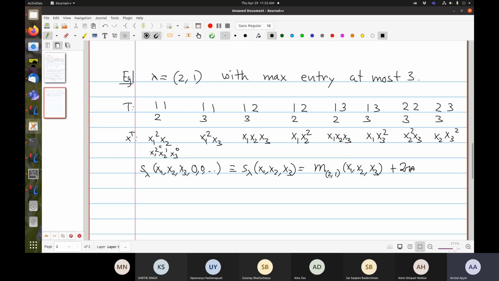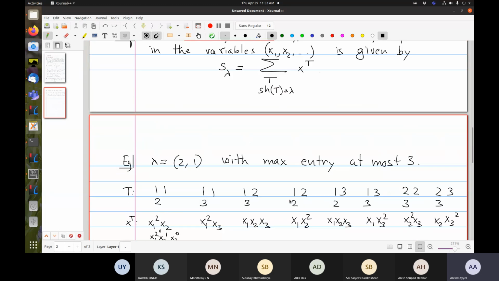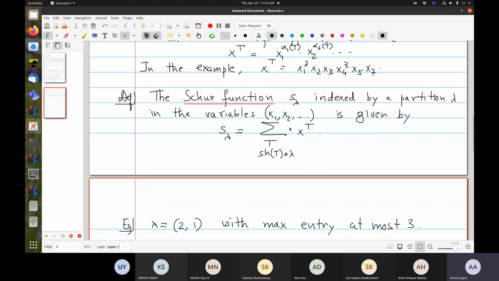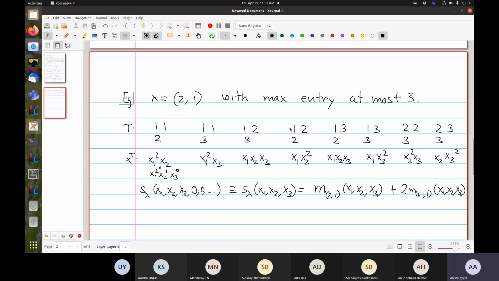So this is 2 times the monomial symmetric function 1, 1, 1 in x1, x2, x3. So rather unexpectedly, even though this definition does not imply it in any obvious way, it turns out that we ended up with a symmetric function.